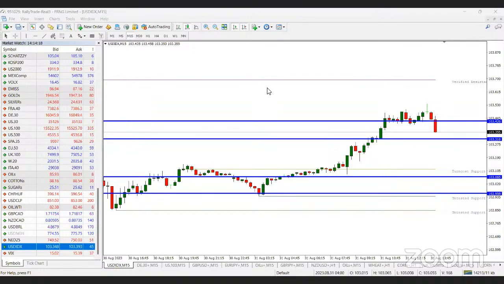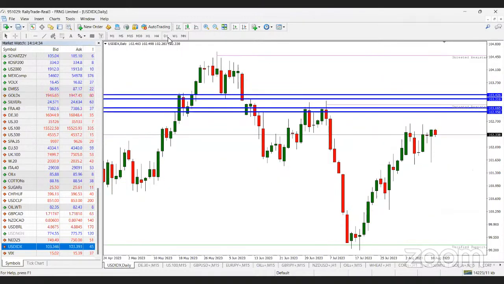Good. So let us look at the dollar index. We expect a series of data to come out in the next 15 minutes, so we might as well consider what the dollar index is doing right about now. As it stands, the dollar index is selling, but this is the 15 minute.